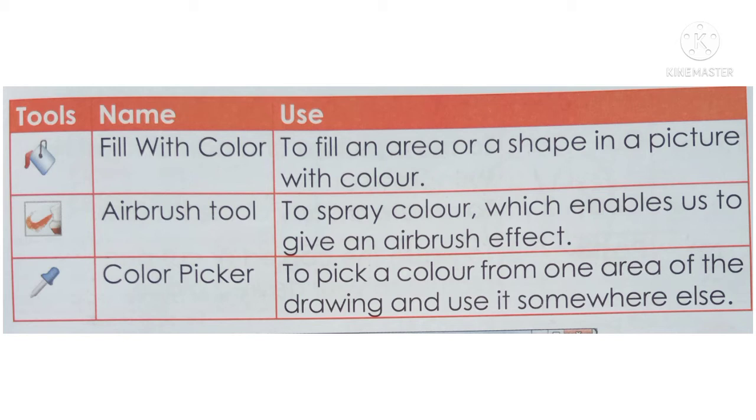Airbrush tool, to spray color, which enables us to give an airbrush effect. Color picker, to pick a color from one area of the drawing and use it somewhere else.